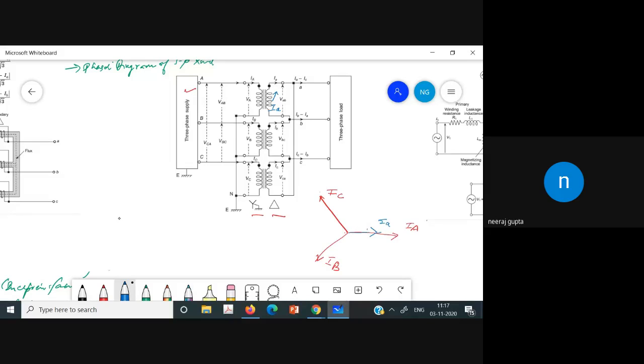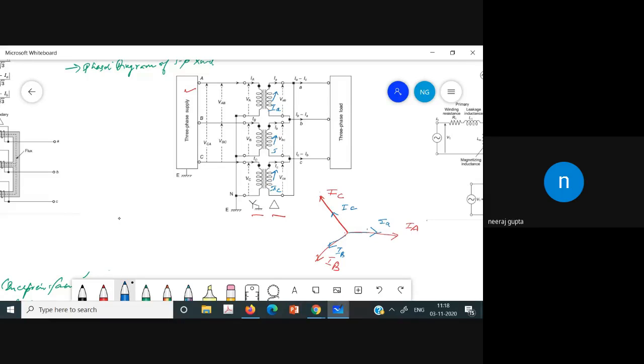Then we will have IB, that is this one, and then this current IC.